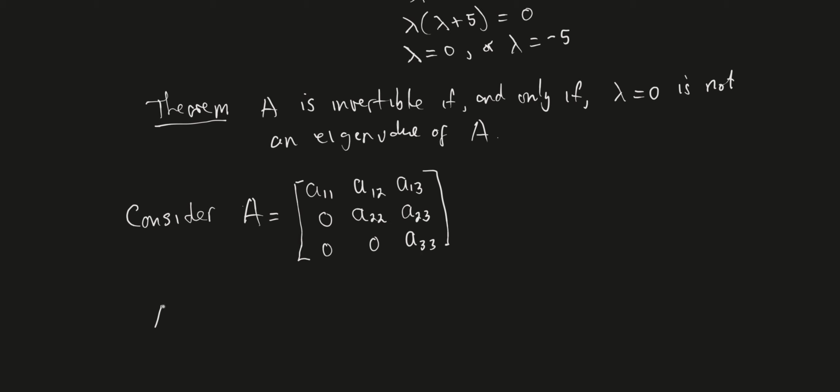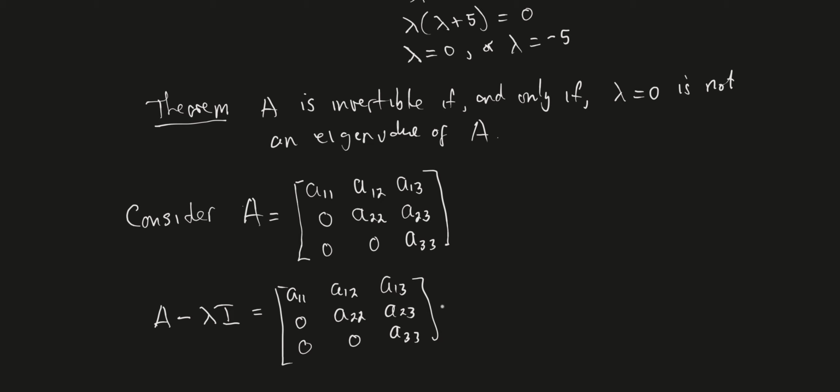So this one is going to be A minus lambda I, but now the I is going to be the 3x3 identity. So we're going to have our A11, A12, A13, 0, A22, A23, 0, 0, A33, and then minus. Now when I multiply the 3x3 identity by my constant, I'm going to have the lambdas on the main diagonal, right?